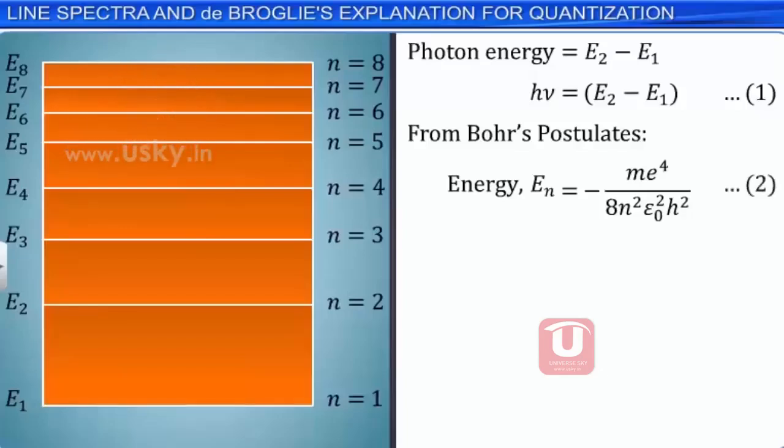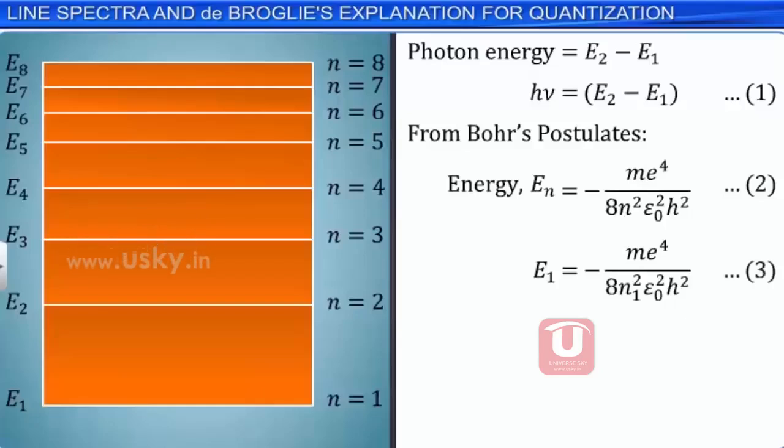Let this be equation 2. Now using the result of equation 2 for n1, the energy E1 is equal to minus m e to the power 4 by 8 n1 square epsilon naught square h square. Let this be equation 3. Similarly, for n2, the energy E2 is equal to minus m e to the power 4 by 8 n2 square epsilon naught square h square. Let this be equation 4.